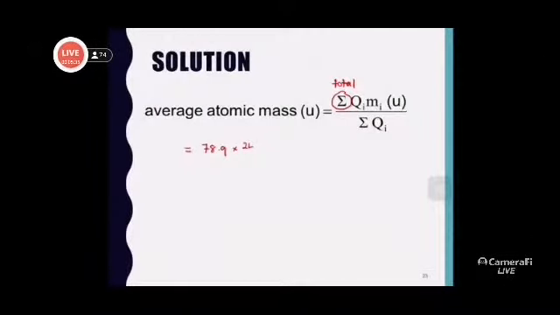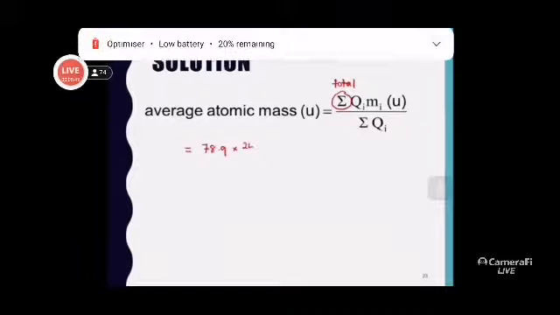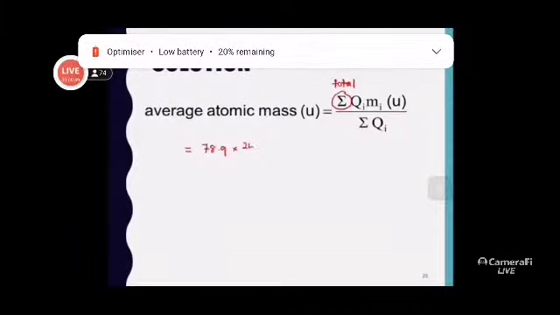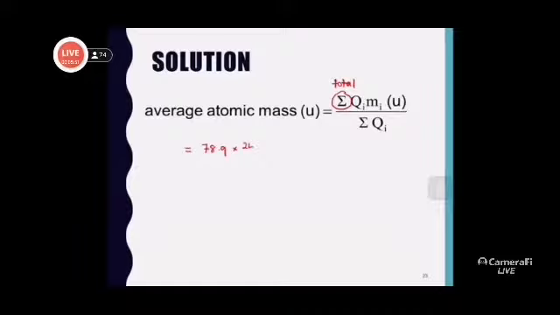Masa you nak insert data ni, pastikan betul-betul mana satu dia punya Q1, M1, Q2, M2, Q3, M3. Jadi dalam you punya Q dengan M tu pastikan betul-betul you ambil.